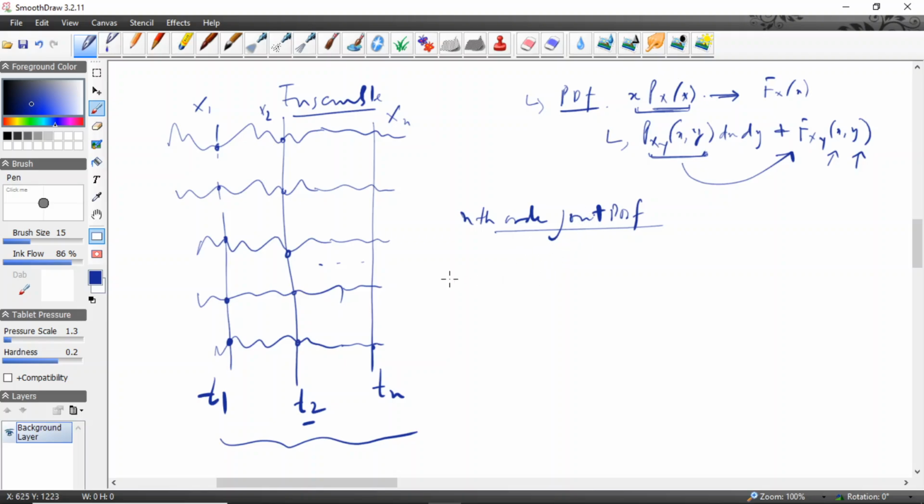If you have the CDF, then you have Fx of x1, x2 up to xn, t1, t2 up to tn.